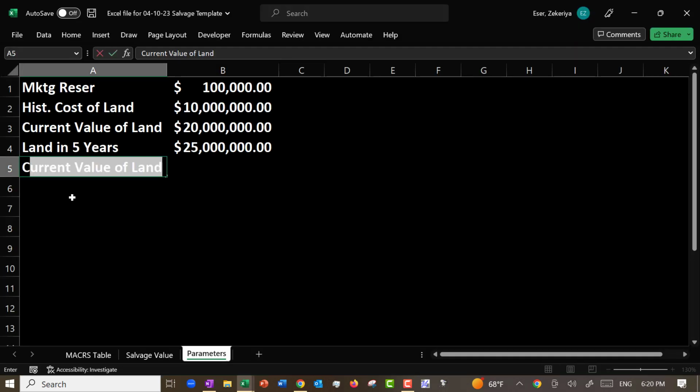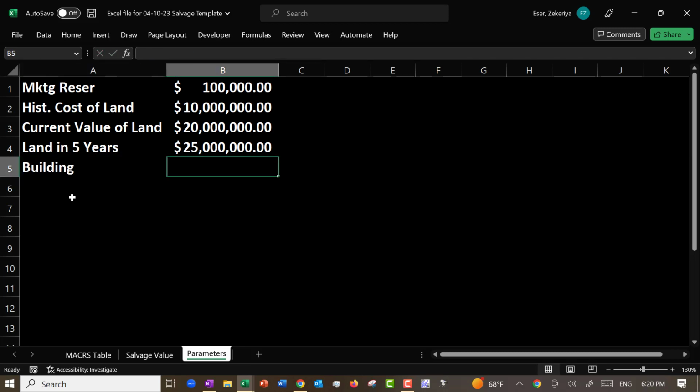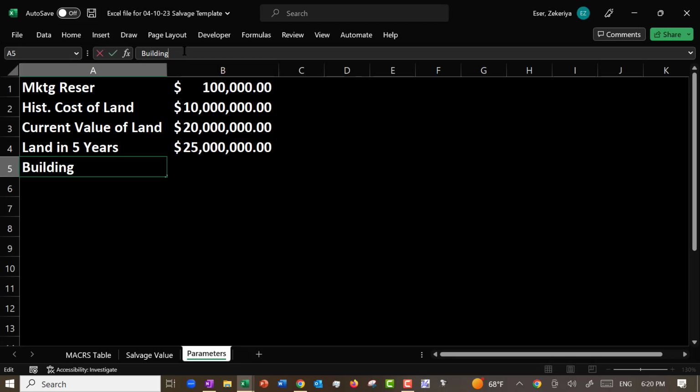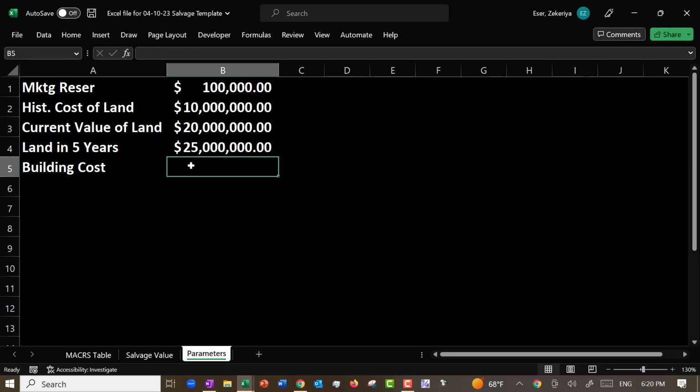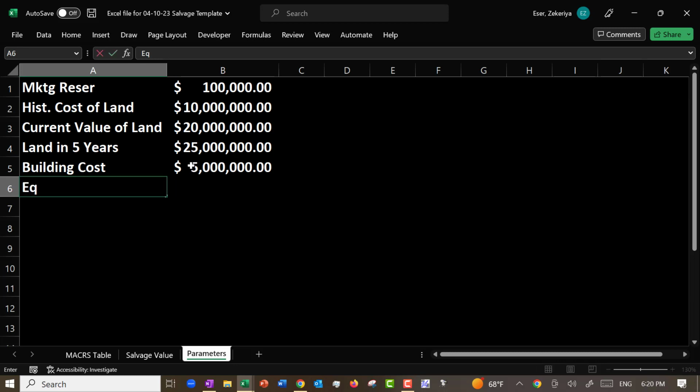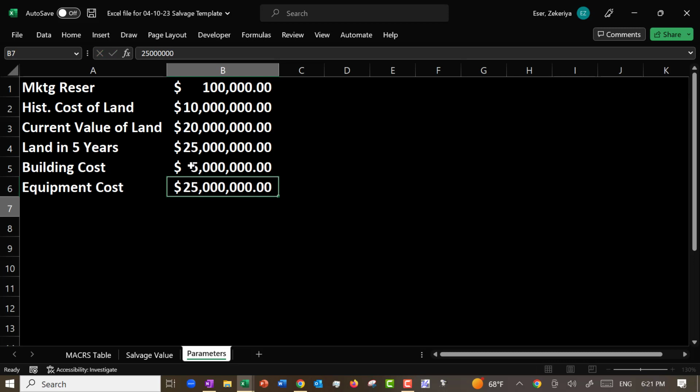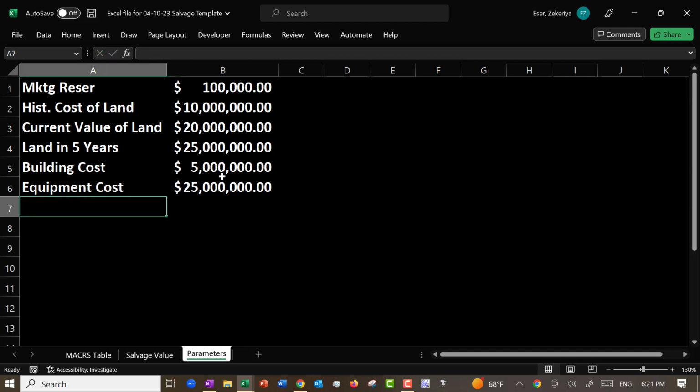Cost of building, $5 million. Oh, tax life of building, 20 years.